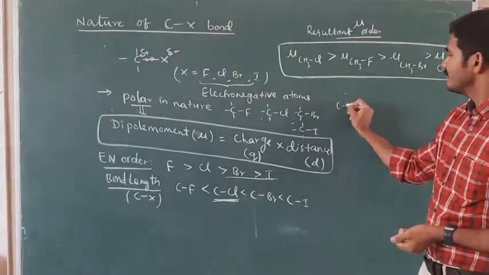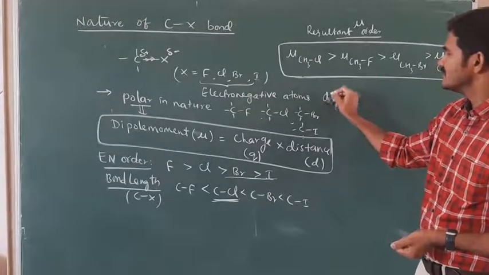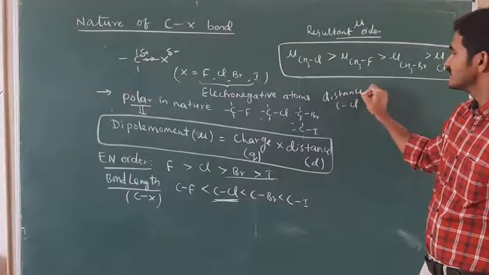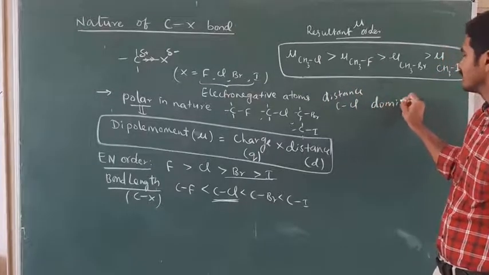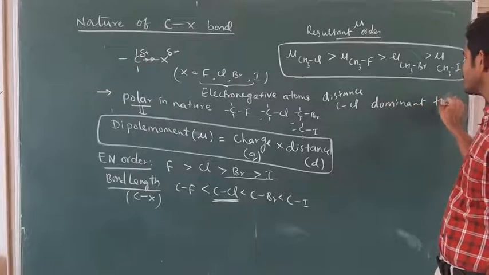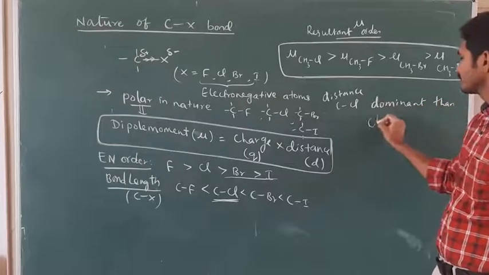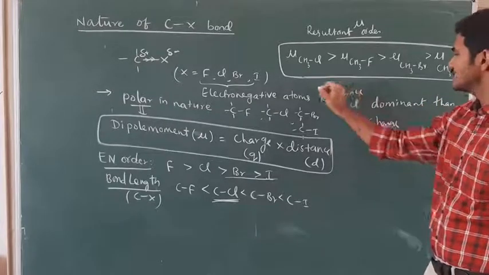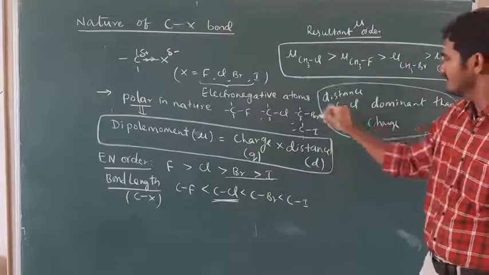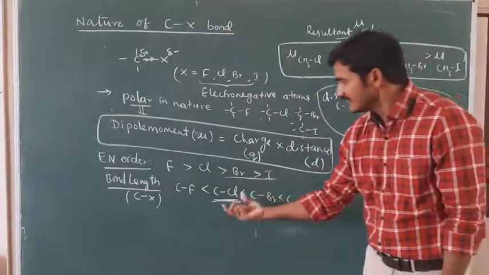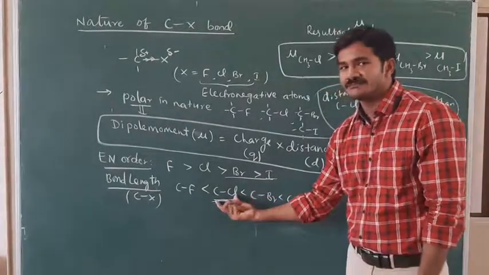Here, for C-Cl, the bond length, the distance, is the dominant factor over charge. So as the C-Cl bond length is very dominant, we take the length as a priority.